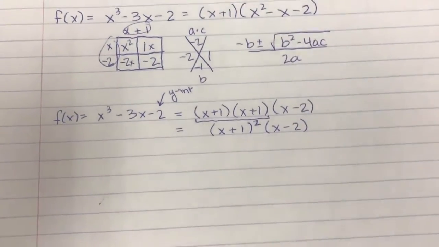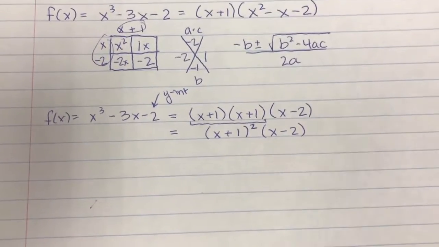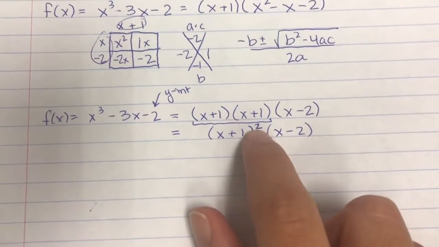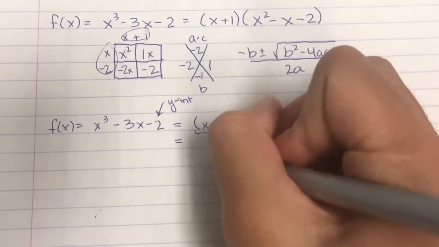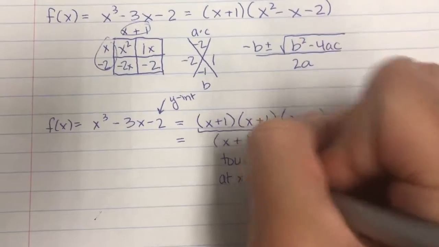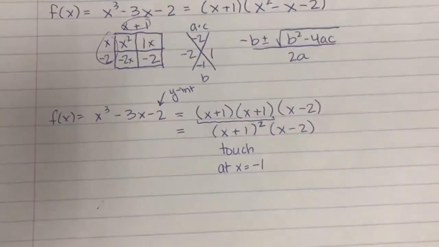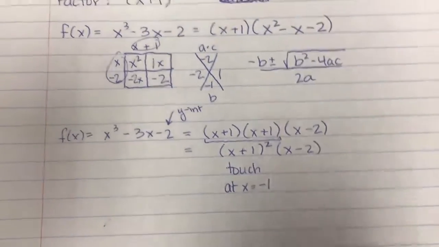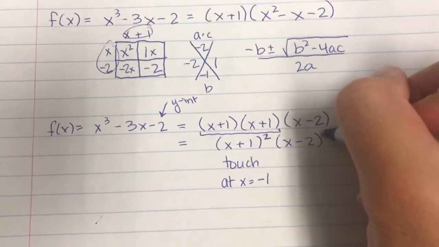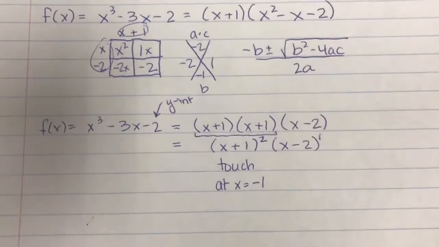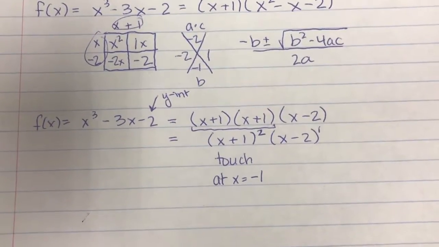And this is an important step because if you remember from previous lessons, exponents that are even mean that our graph will touch at that root. So it's going to touch the x-axis, while the x minus 2 having this 1 in the exponent, we don't normally write that, but we'll write it just to look at today.